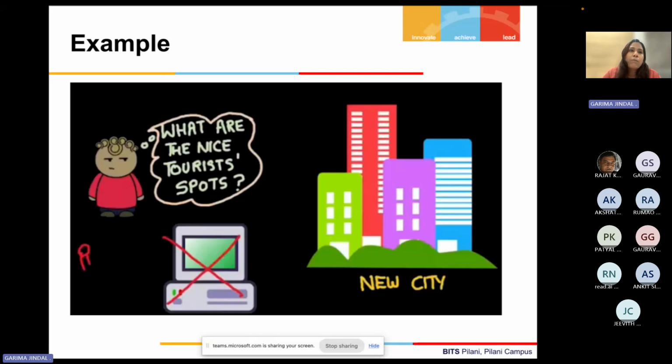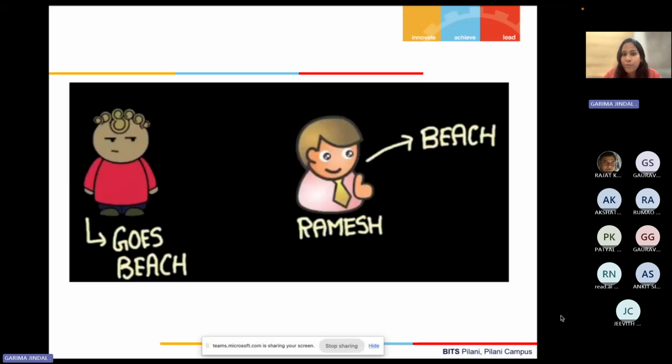After work, you feel like going to some places, and you don't want to look at Wikipedia for important places because you feel that it's very personality oriented. So what you will do is call a friend, called Ramesh, who lives in Mumbai, and ask what all the places are that you can visit in Mumbai.